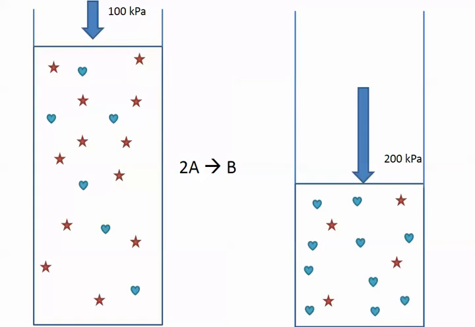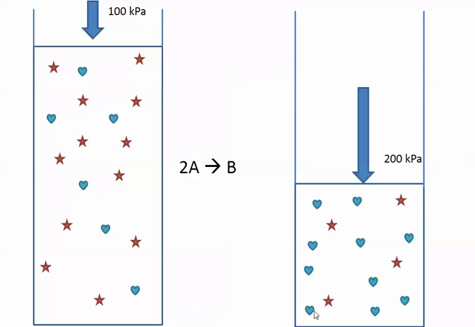If we are decreasing the volume, which increases the pressure, we're going to shift towards the product side here because we have fewer products. So we're shifting to the products in order to save a little bit of space. Are these proportions exactly perfect? No, it depends on the reaction and other factors. This is just a visual to help illustrate what's happening.